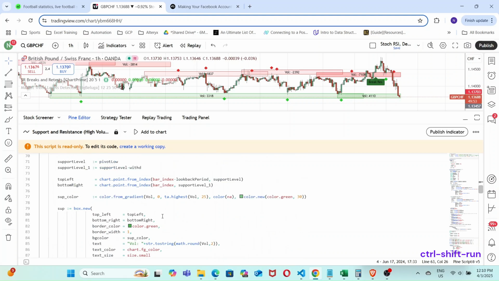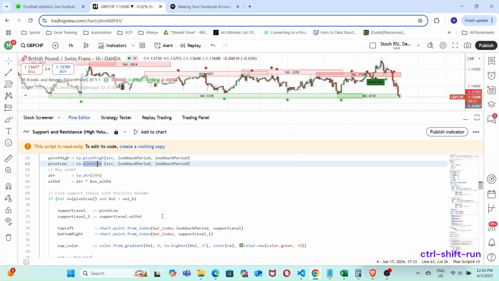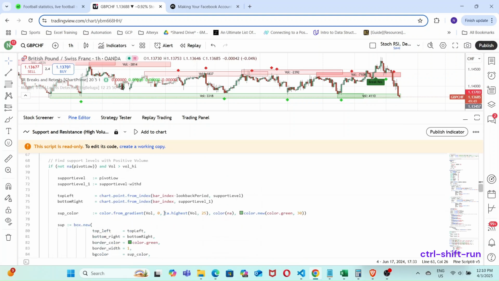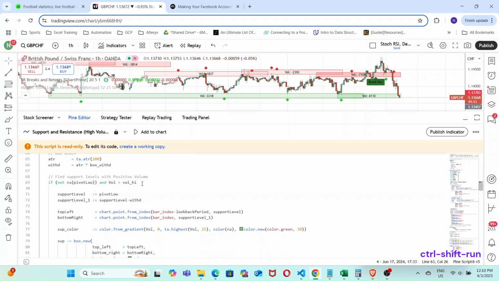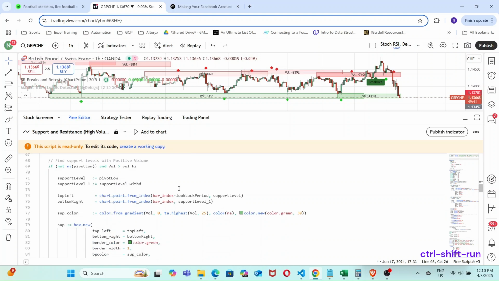The lower boundary for the box, with the variable support_level_1, is calculated by subtracting a width determined by the average true range, ATR, multiplied by the box_width user input. A green box is then drawn between these levels, extending from bar_index minus the lookback period to the current bar_index. The box's color intensity depends on the volume. The box also displays the volume within it.